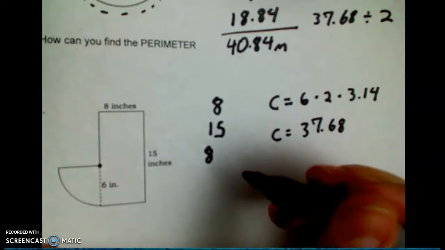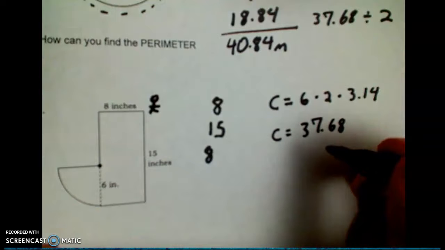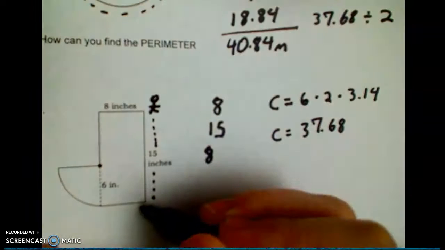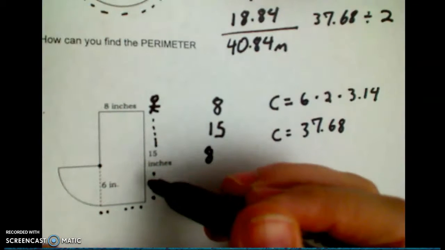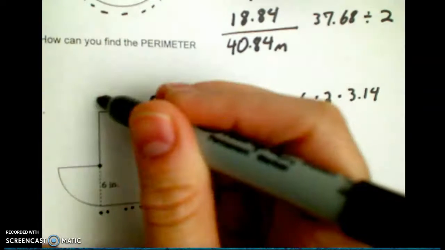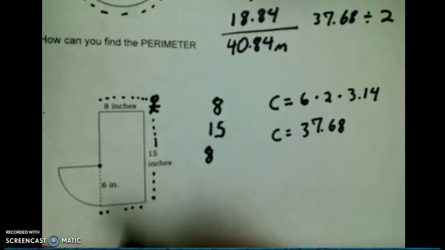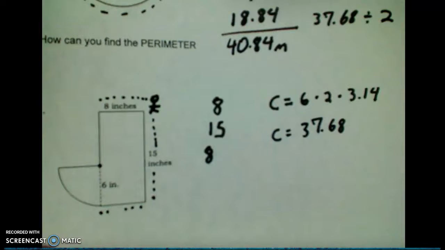I'm going to start my guy right here. Hello! And we're going to start walking. 15 plus 8, and I've also got the 8 from this side, the tail end of the journey. Now this circle over here, I am only walking 1/4 of a circle.